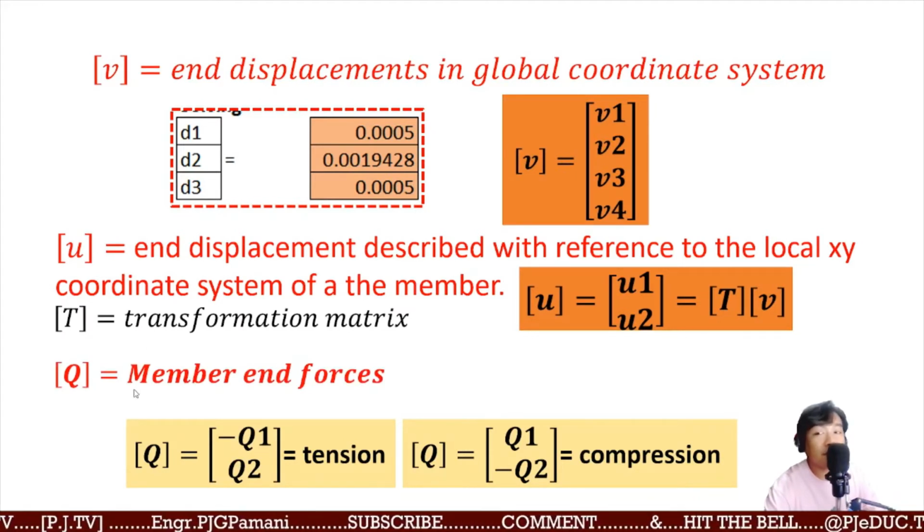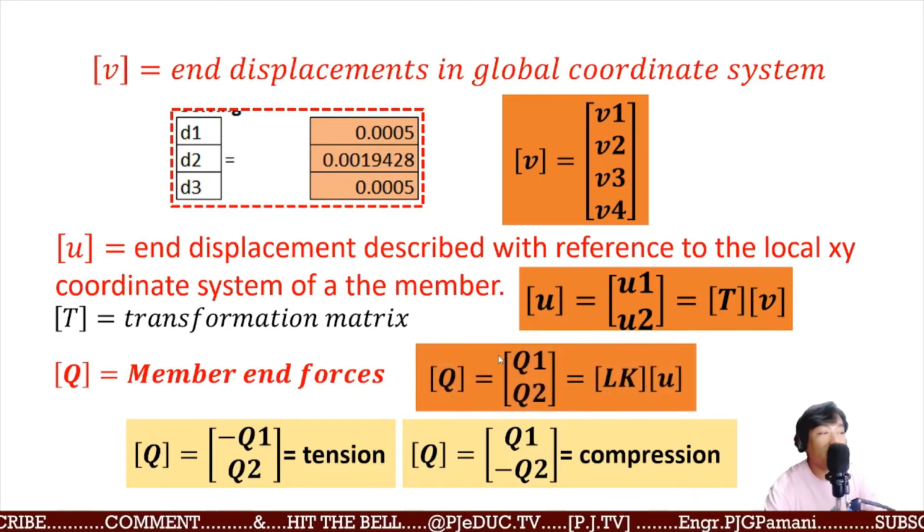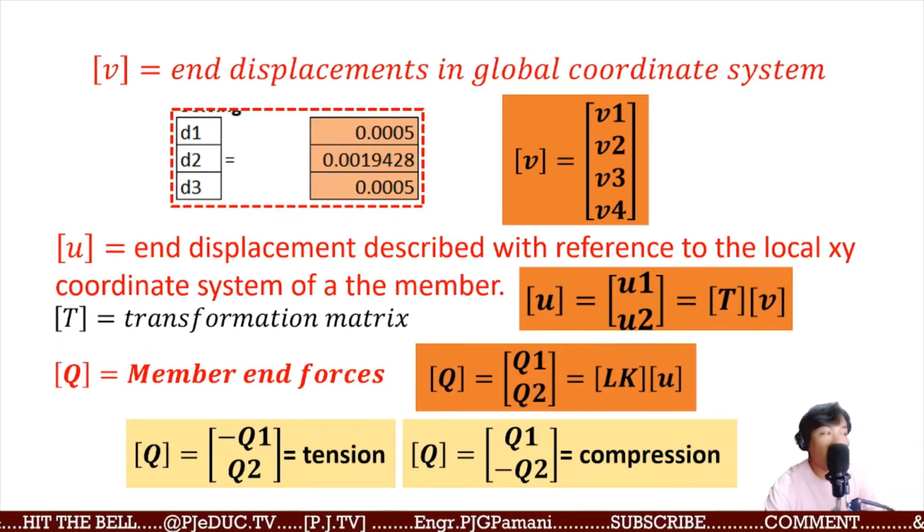Then your member end forces, whether they are in tension or in compression, should be equal to the local stiffness matrix of the member times the end displacement on the local coordinate system, U. So, marami-rami yan.